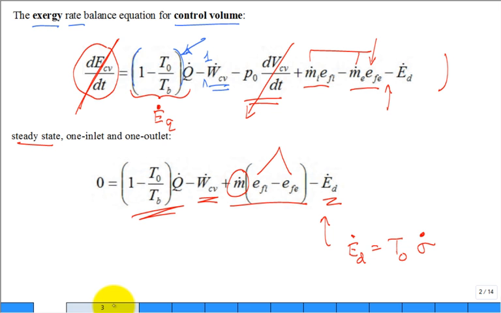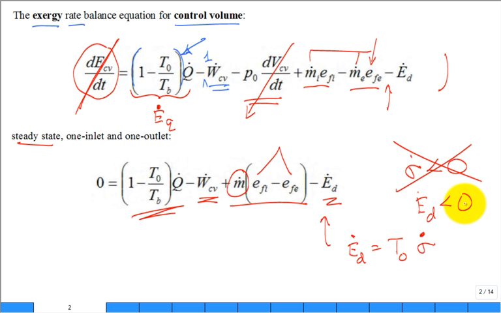All right. Can sigma dot be negative? No. Can the rate of Exergy destruction be negative, meaning you could have Exergy production? No. That's right. So this is no.